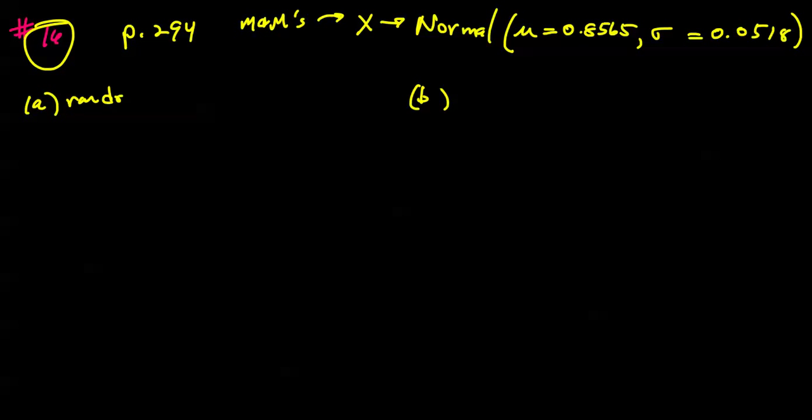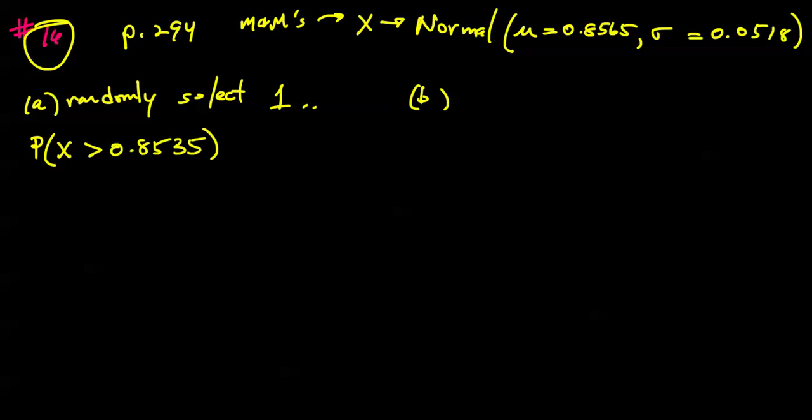In scenario A, we're going to randomly select one M&M, and then we want to find the probability that it weighs more than 0.8535. So that's the probability that X is greater than 0.8535 grams. We know x is normal. We know the mean and standard deviation, so we can grind out this probability just like in section 6.2 using my normal CDF command.